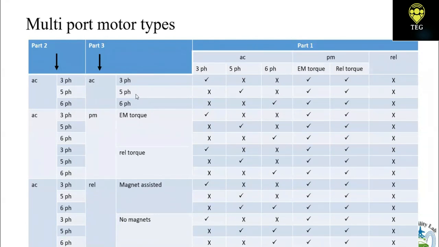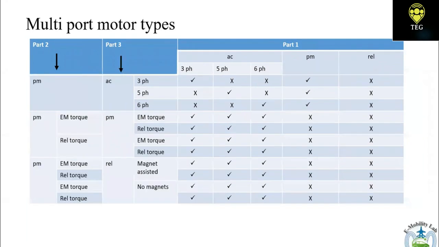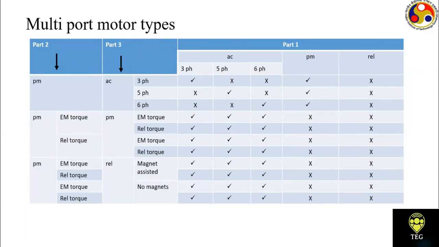If all the parts of the machine get an AC excitation, then the number of phases in all the parts should be the same. These are some of the general rules which will help you decide which combinations are feasible and which are not. So it's all a game of various permutations and combinations, and all the different configurations which are physically possible to make are listed here.